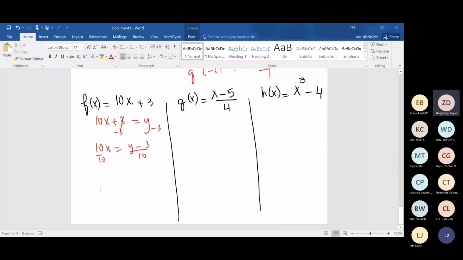Thank you. And then you write your answer. How are you going to write your answer? f minus 1 of x is equal to x minus 3 divided by 10. Exactly. You see, we just change y to x. Thank you very much.